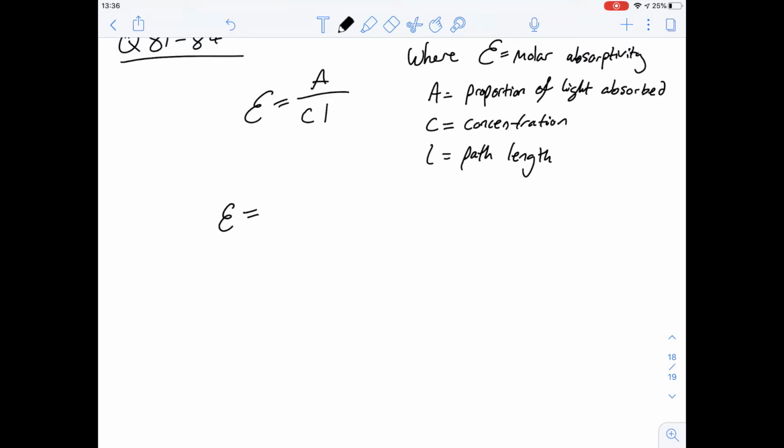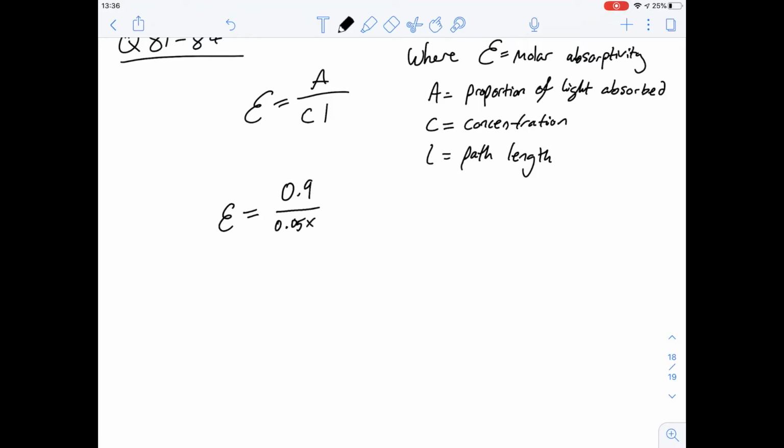So we can just start off by plugging the numbers in. So we're told that at the wavelength at which the maximum absorption occurs, 90% of the light passing through the cell. So A is going to be the proportion of the light absorbed. So 90% would correspond to 0.9 proportion.